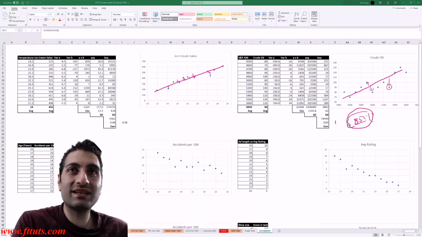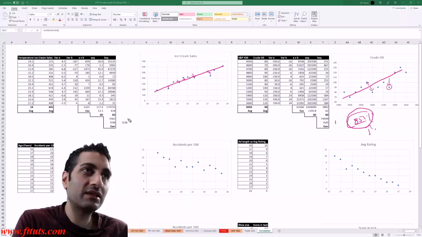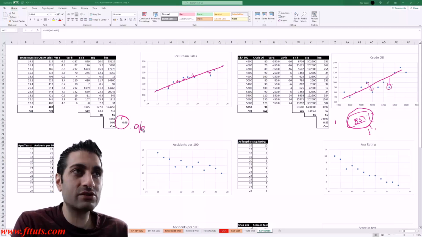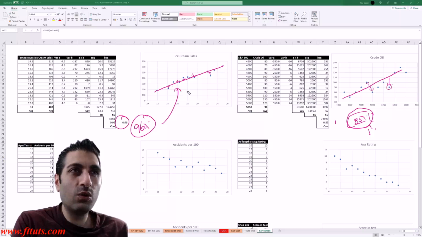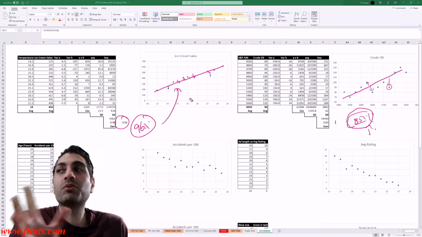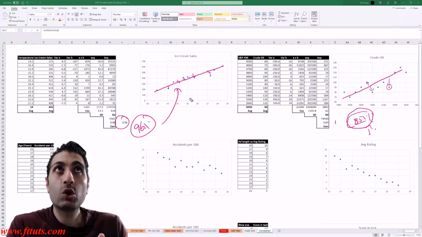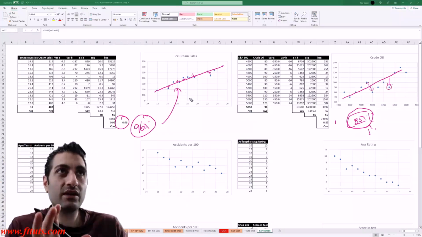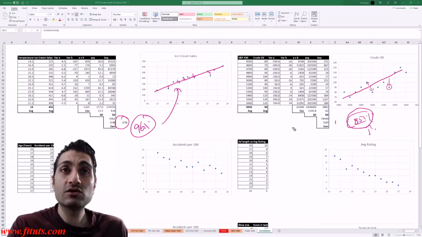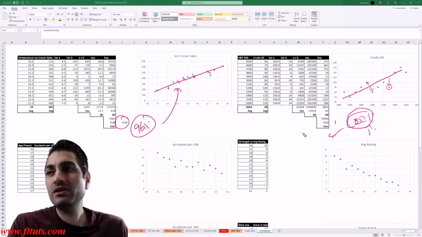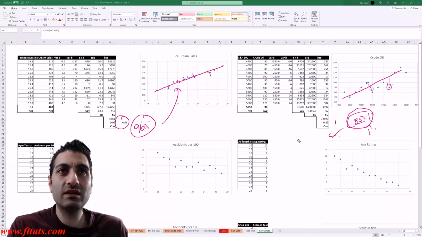So it makes sense that this is 85% and this is 96. It's a stronger relationship, right? And you can almost see that with the naked eye. But the problem is, most of the time, it's very difficult to tell them apart, or have the time to do all of these calculations whilst the market's moving. So what our Sierra Chart does is it will just give me this number. It'll say the relationship between crude oil and S&P today is 70% or 60%, and so on and so forth.